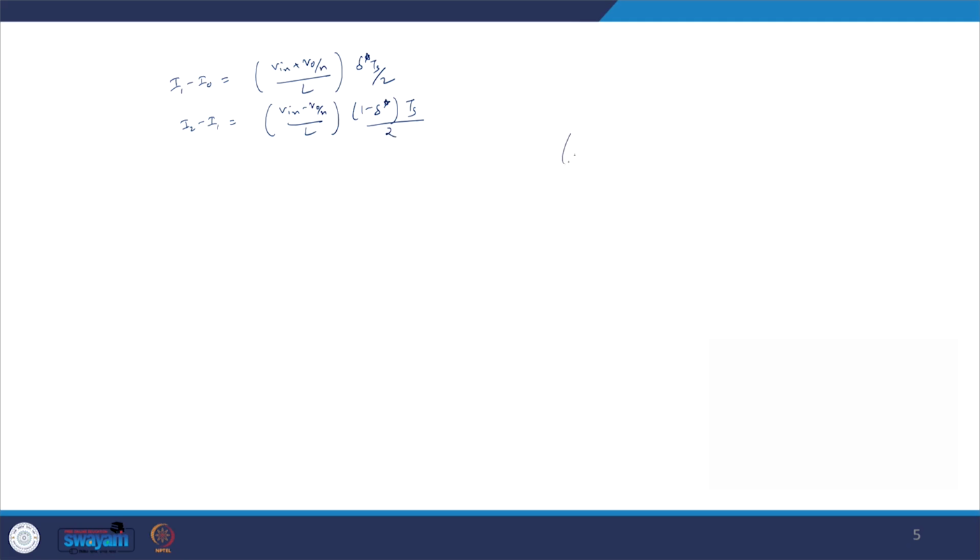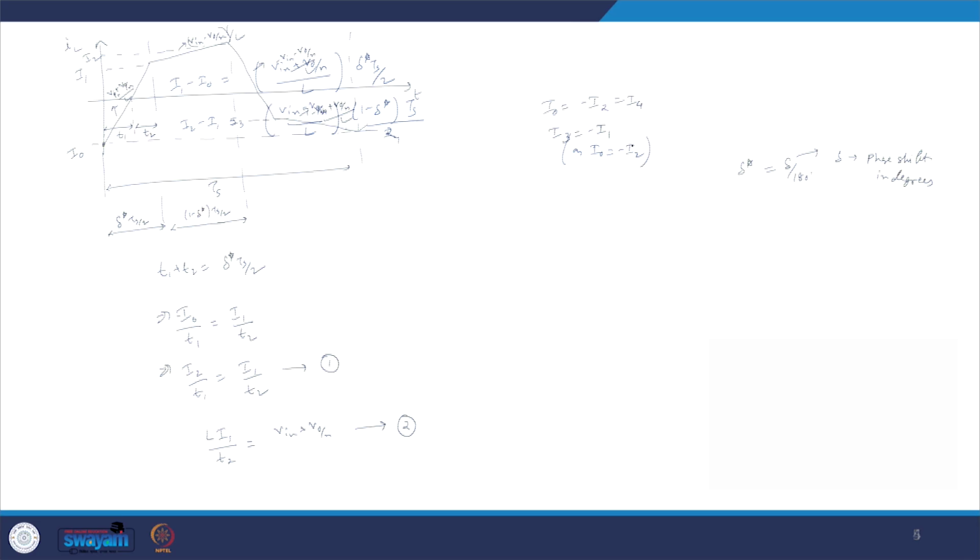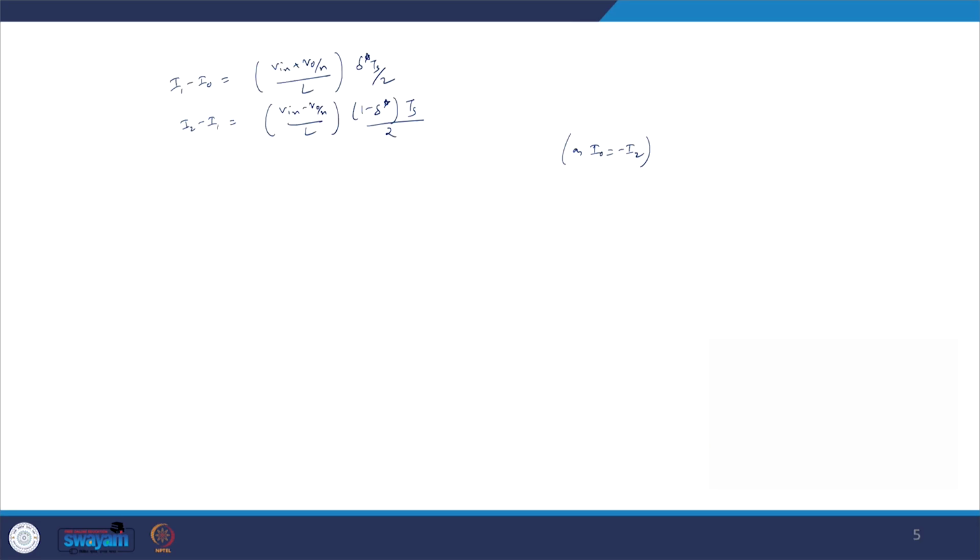And we know that I0 is equal to minus I2, so we can write I1 plus I2 is equal to (Vin + Vo/n)/L into δ*Ts/2. Now this we can define as equation number 3, and this as equation number 4.